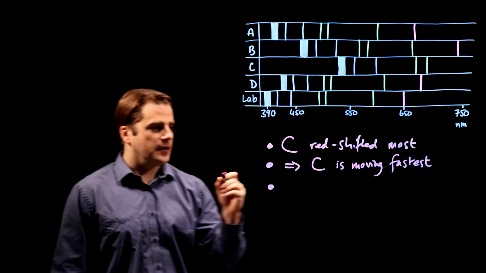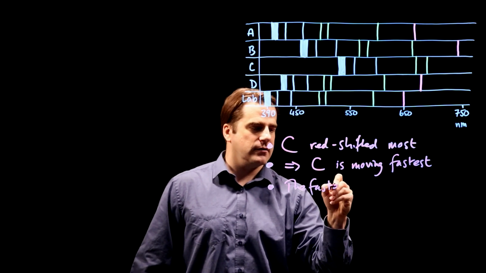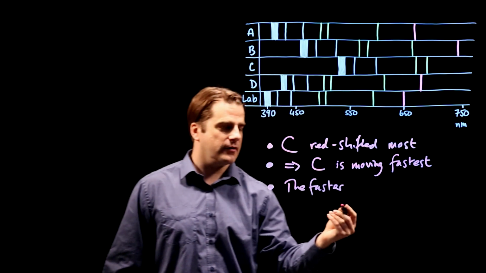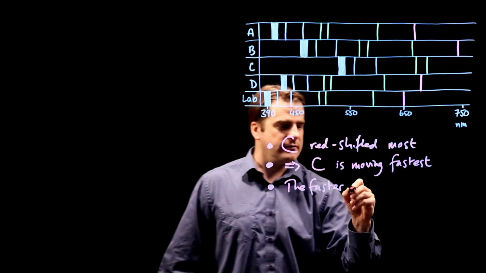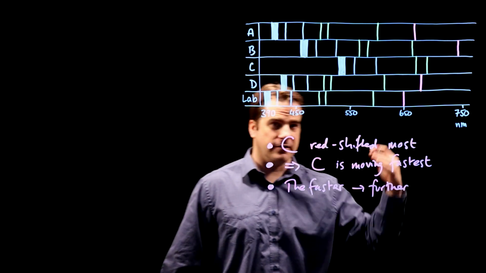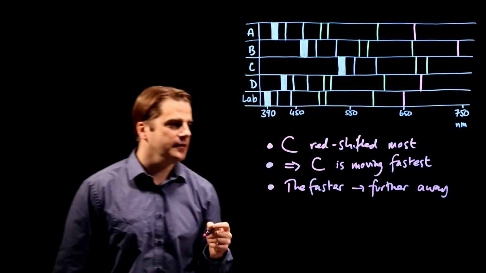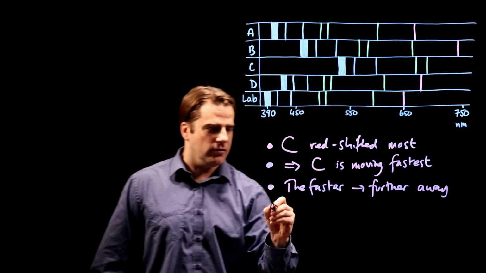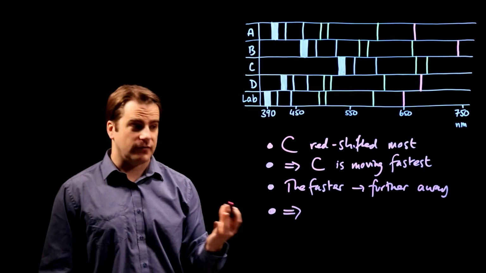Now, the faster a galaxy moves, the further away it is. The greater the distance. Okay, therefore, Galaxy C is the furthest away.